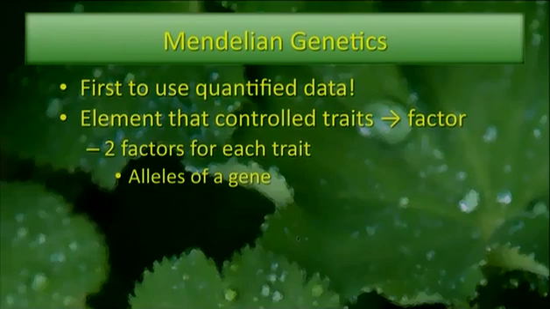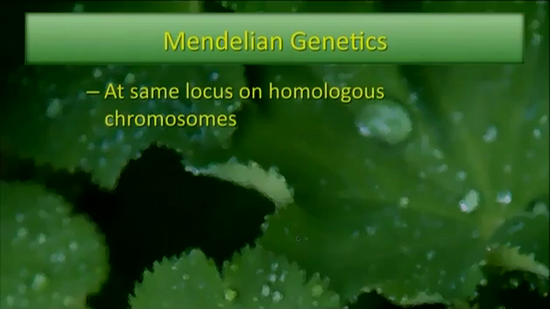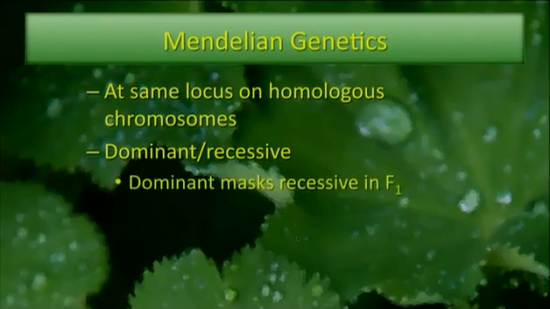These alternate forms of genes, or alleles, are located at the same location on homologous chromosomes. So in terms of Mendelian genetics, you have dominant traits and recessive traits, and the dominant traits mask the recessive traits in the F1.